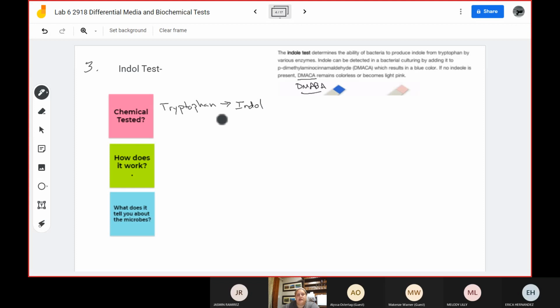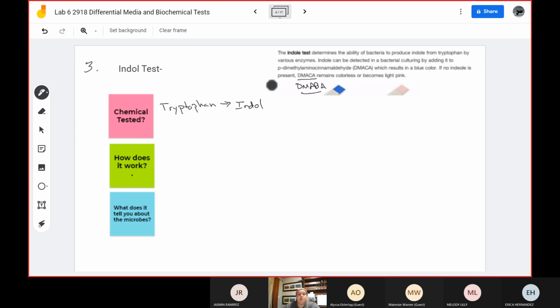So some bacteria can utilize some carbon sources, other bacteria utilize other carbon sources or nitrogen sources, and we can classify bacteria based on what they can use. So if the bacteria can use tryptophan, it will produce indole, and then we can classify it as a bacteria that can use tryptophan.